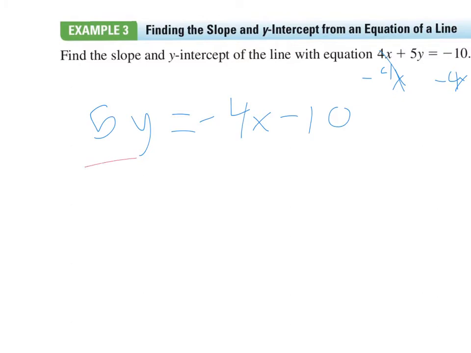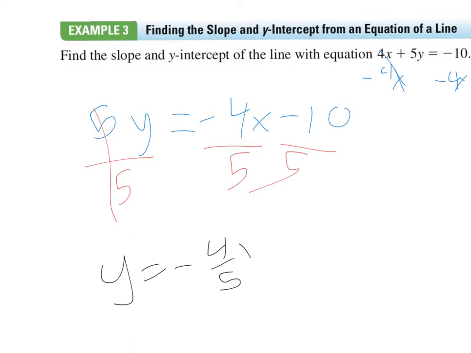So now to solve for y, if we divide everything by 5, those cancel out, so you're left with y equals negative 4/5 x, and then negative 10 over 5, which would be minus 2. So our slope is negative 4/5, because remember it's the number in front of x, and our b is negative 2.